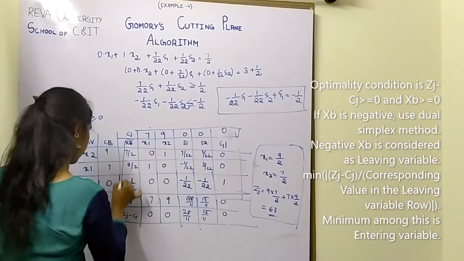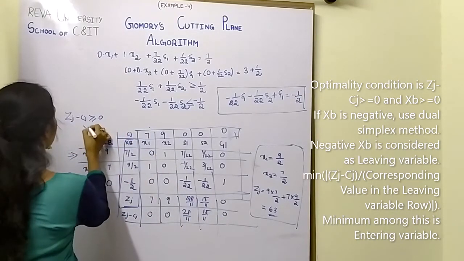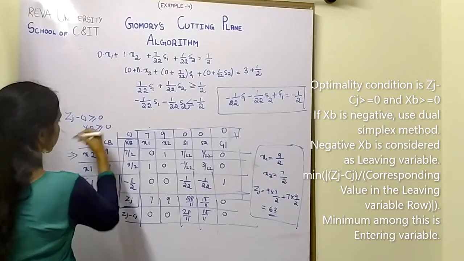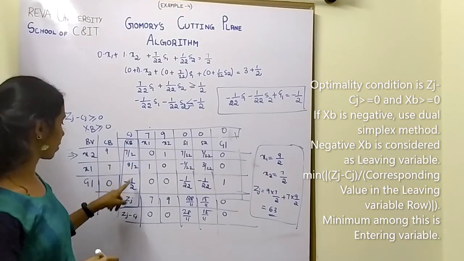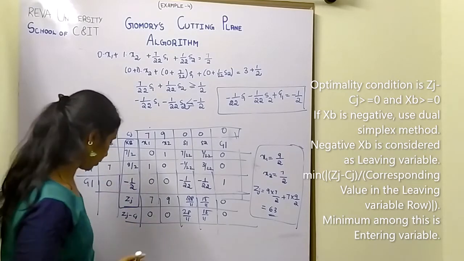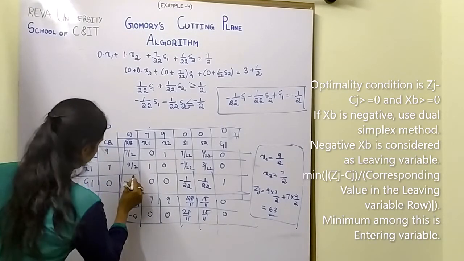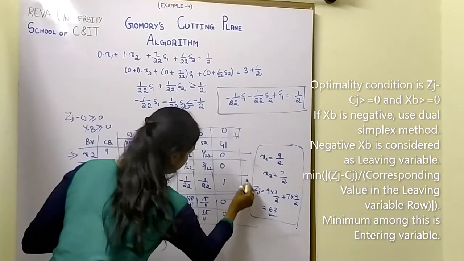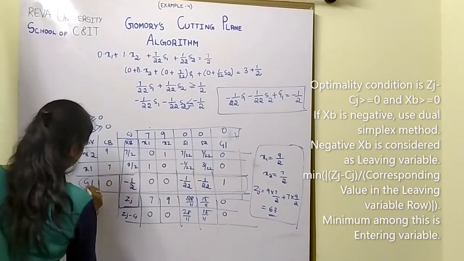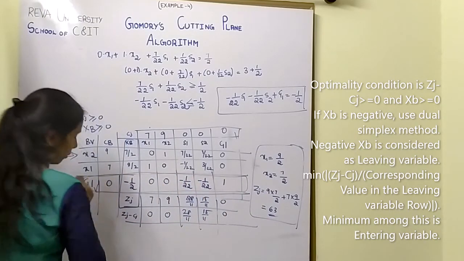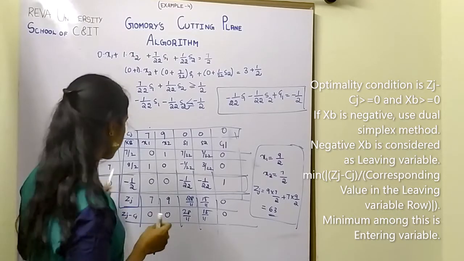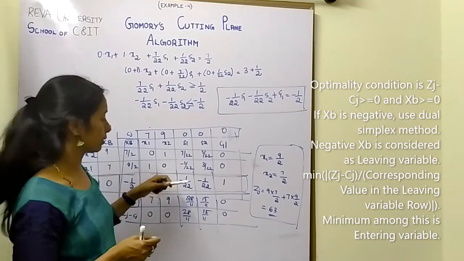But if we observe here, the XB column should also be greater than or equal to 0. But we have a negative number here. So, we have to consider this directly as the leaving variable. And now, we have to solve this using the dual simplex method.